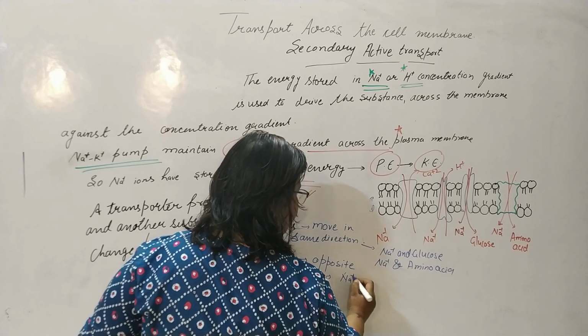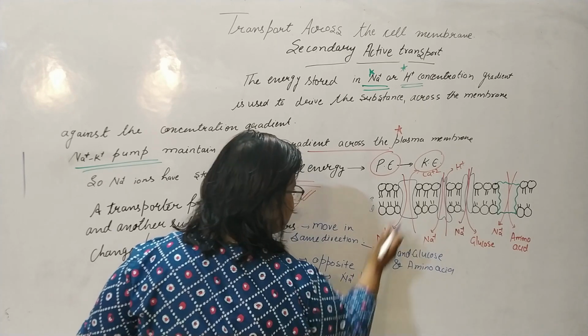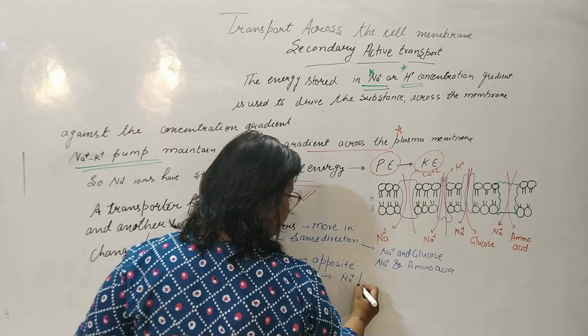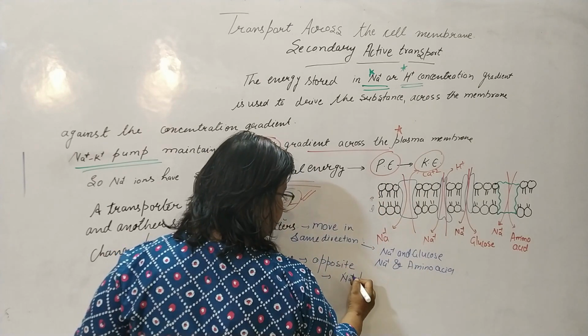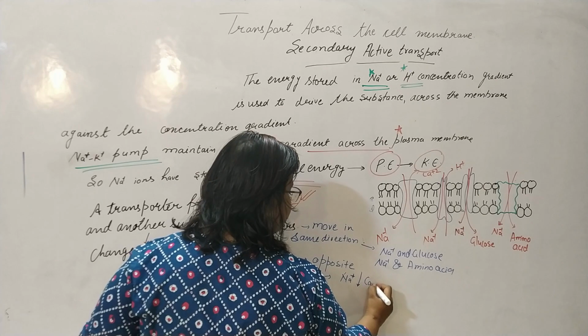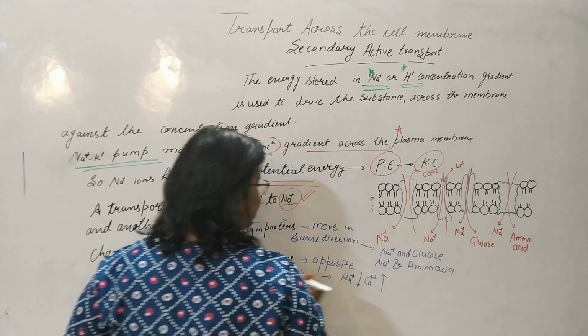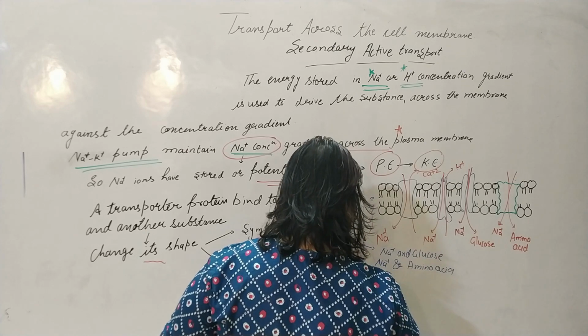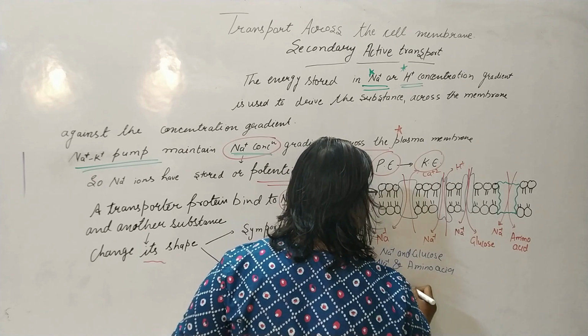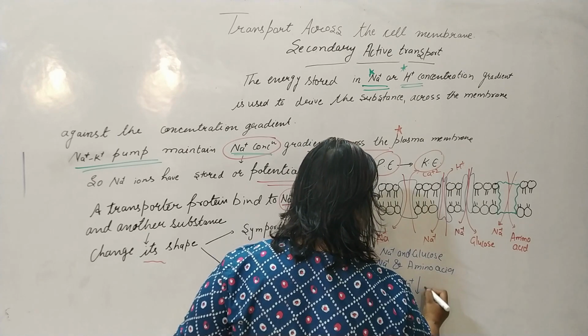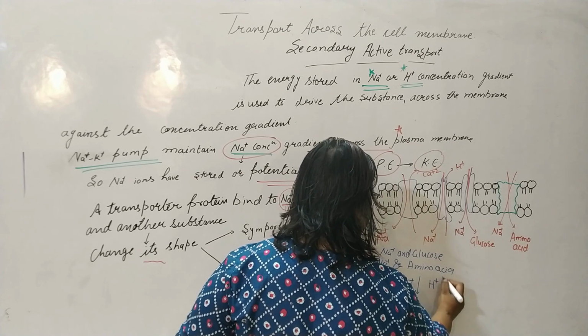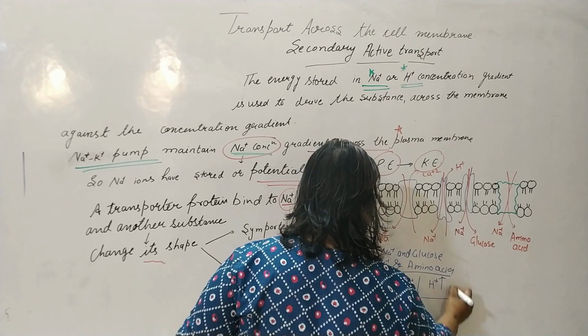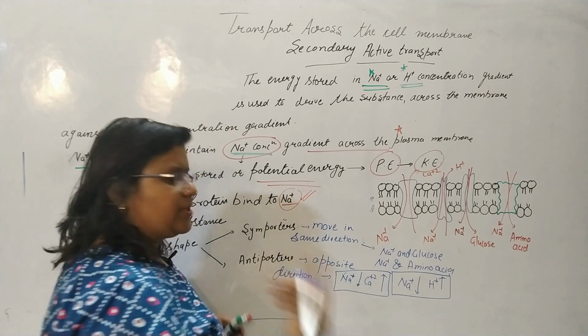for example sodium, if sodium is moving inside the plasma membrane or the cytosol, the calcium 2+ ion moves to the extracellular side. That is one example, sodium and calcium, and another example is sodium: if sodium is moving inside, the H ion will move outside the membrane.